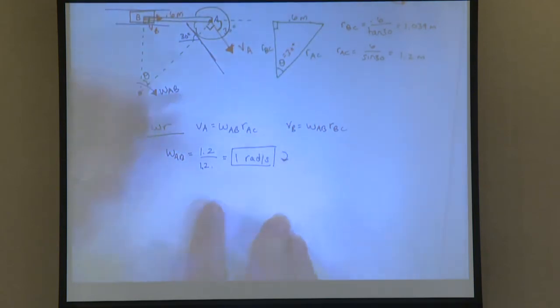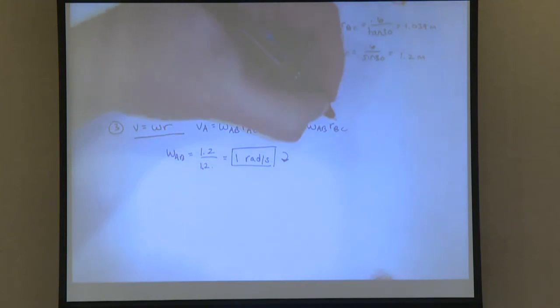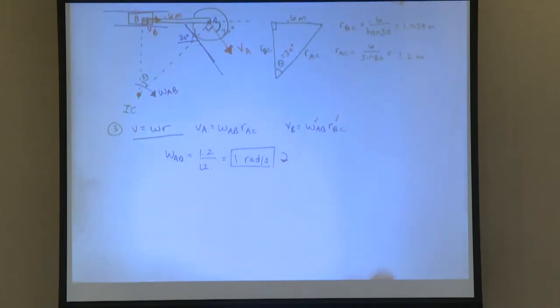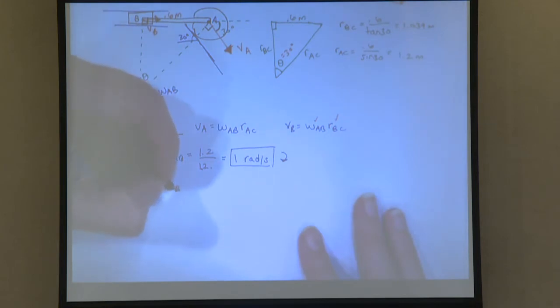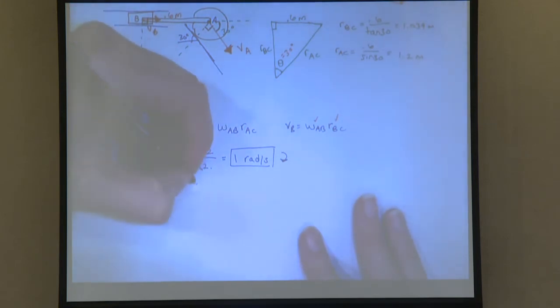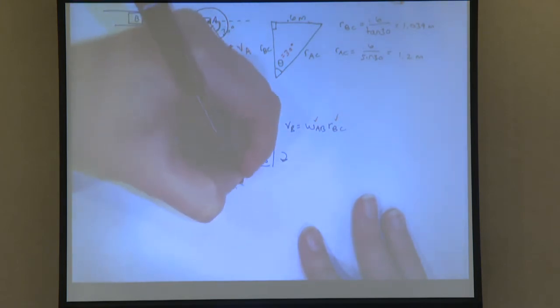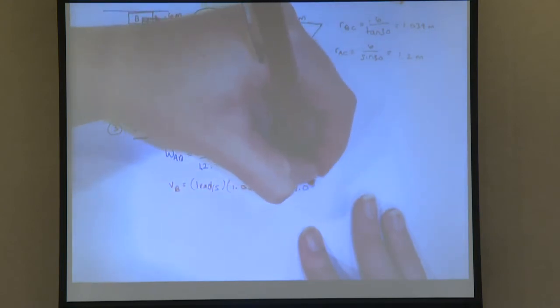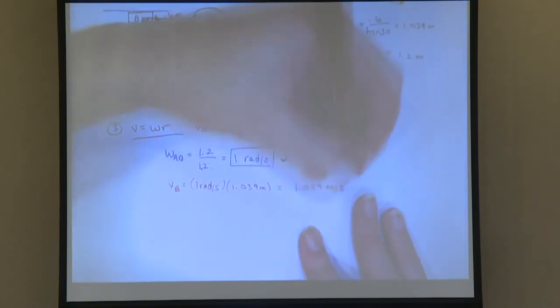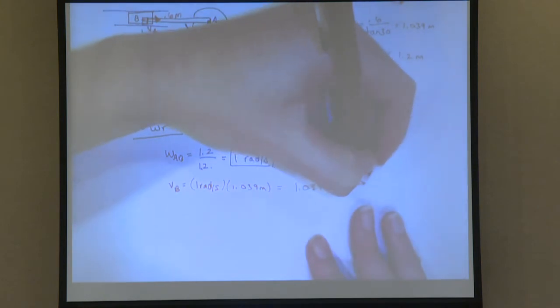Now that I know omega AB and I have RBC, I can find VB. So VB is equal to 1 radian per second times RBC, which is 1.039 meters, which gives us 1.039 meters per second to the right.